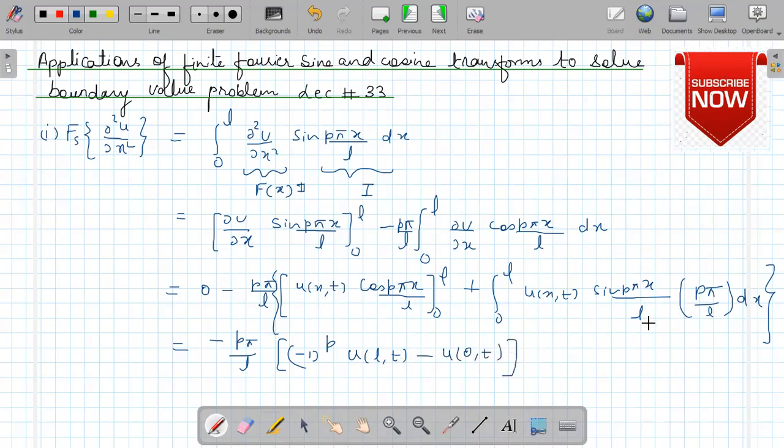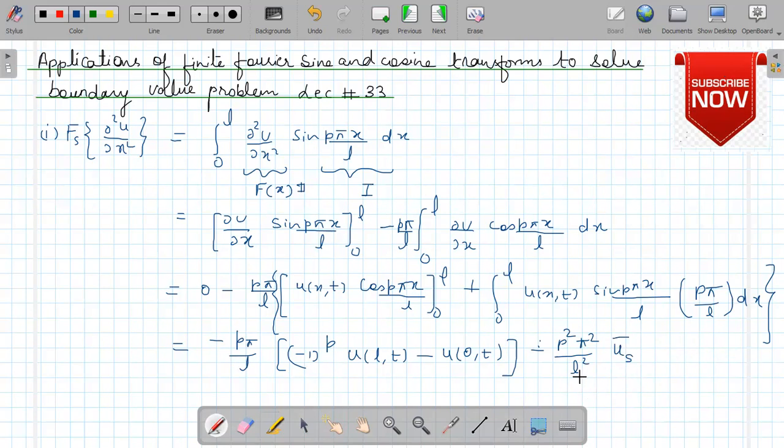And here, this p pi over L will get multiplied with this to give p square pi square over L square, and this integral, if you see it carefully, is the finite Fourier sine transform of the function u, which can be denoted as u_s bar.